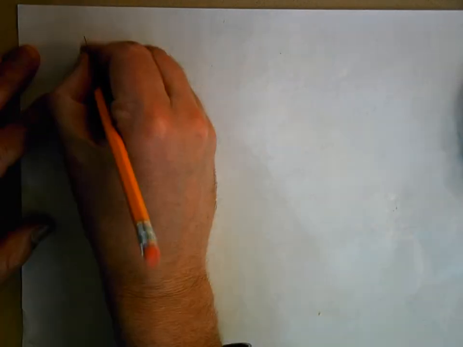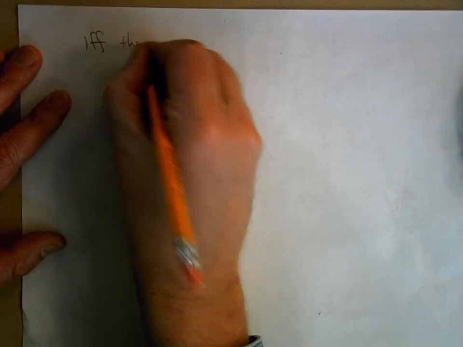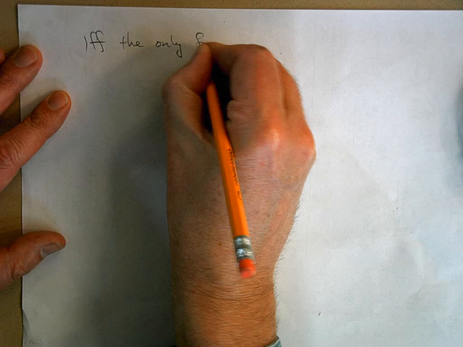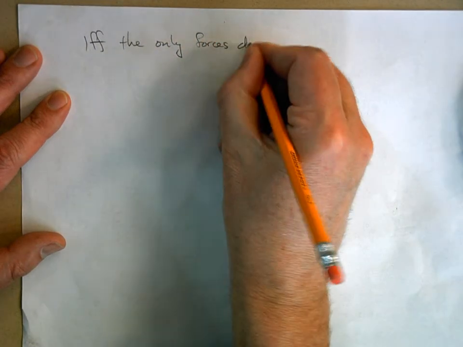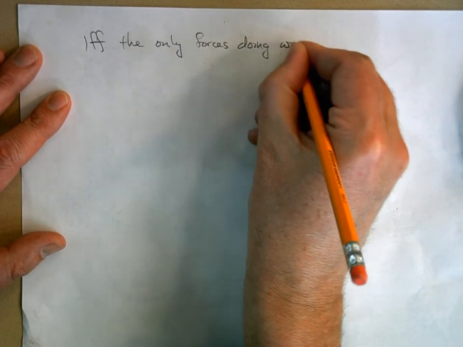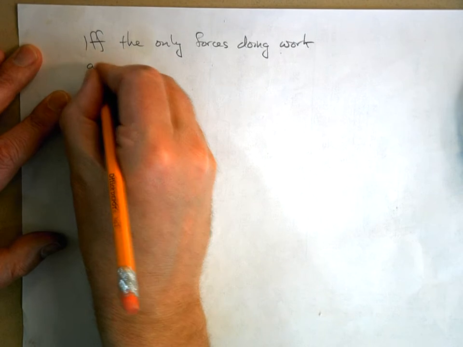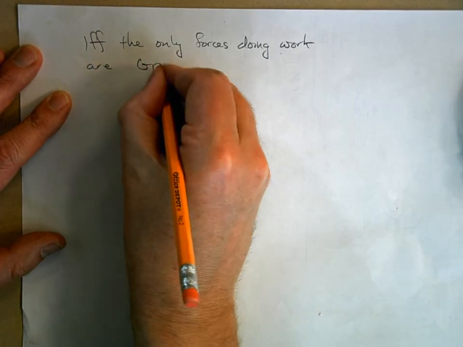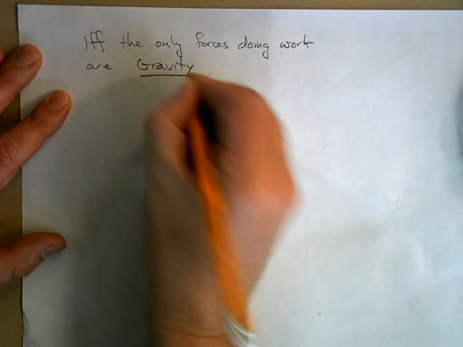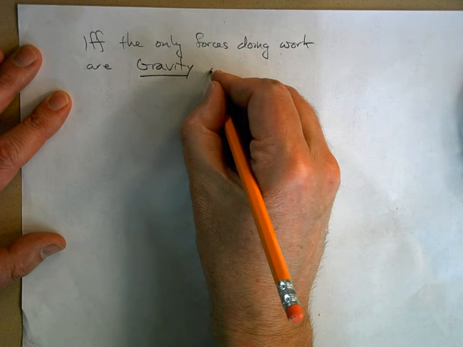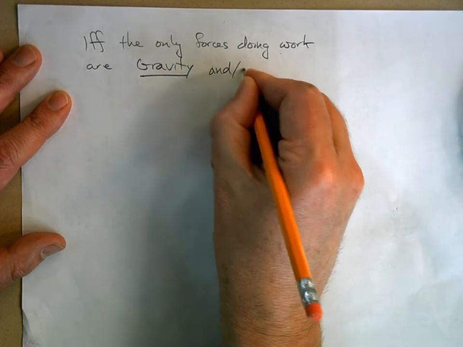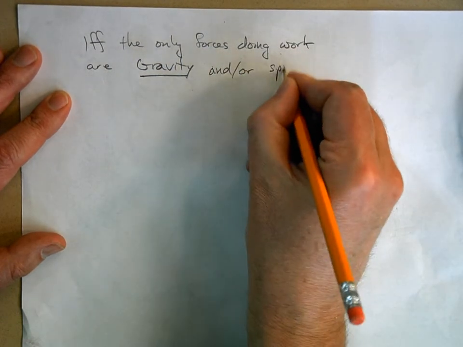So if we have a situation, if and only if, have you seen iff in math? If and only if the only forces doing work are gravity, the force of gravity, and or springs.